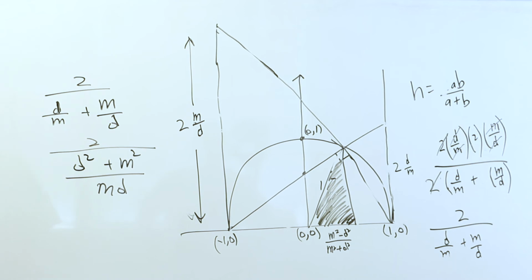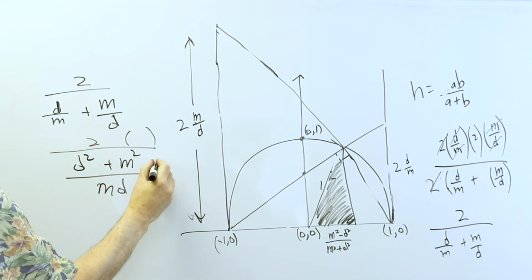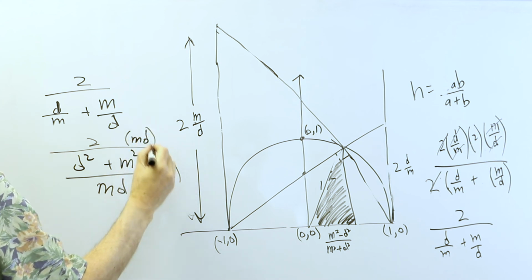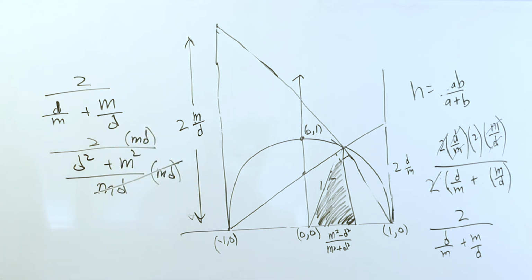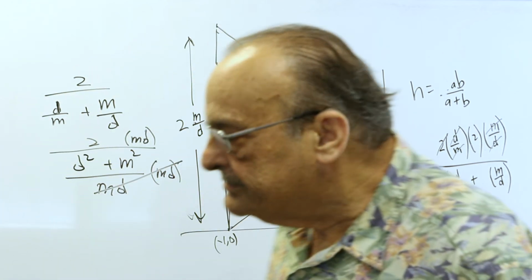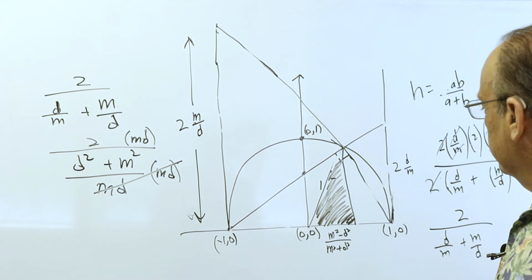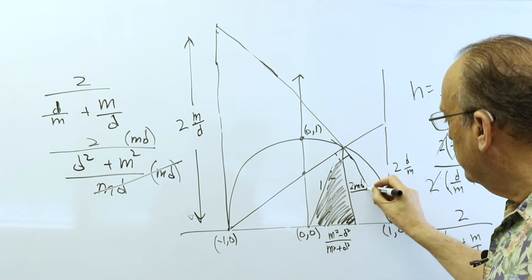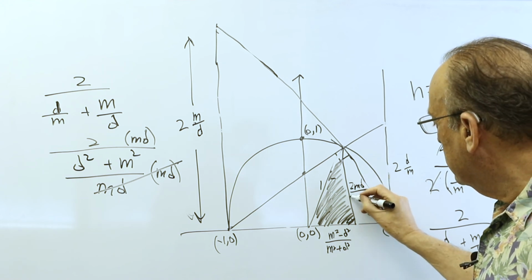And then I can times the top and the bottom by md. So this cancels, and I end up with this height, it's equal to 2md over m squared plus d squared.